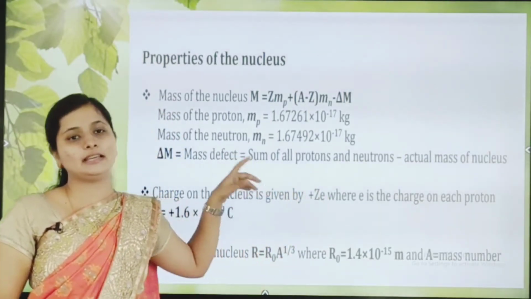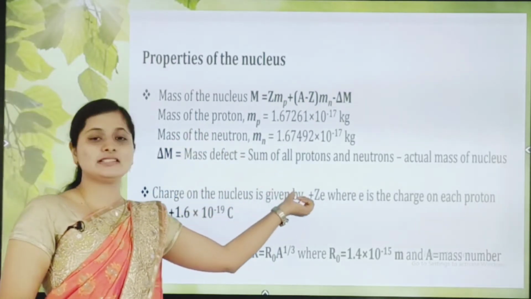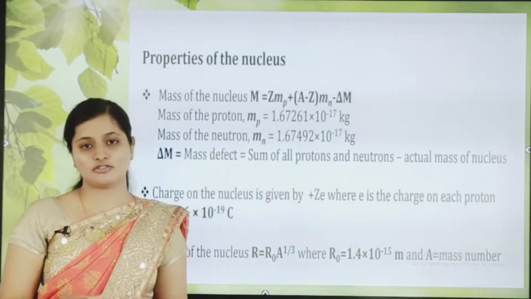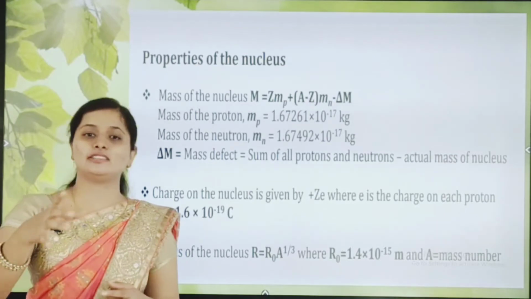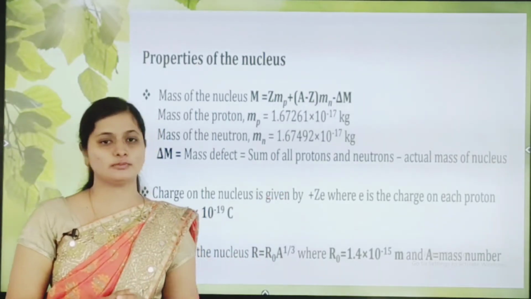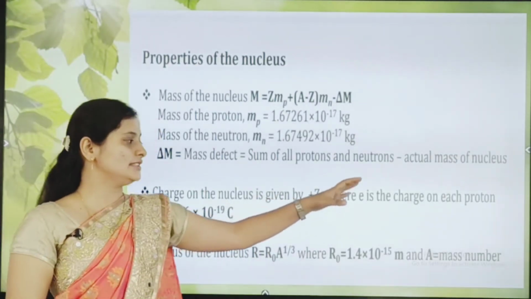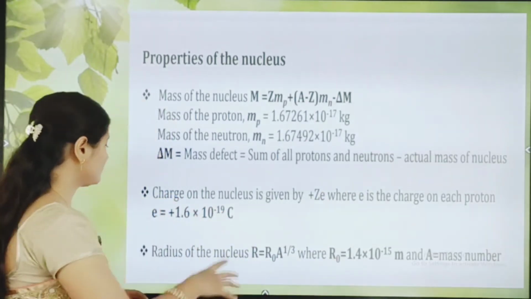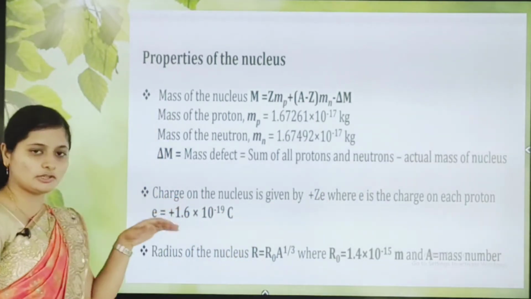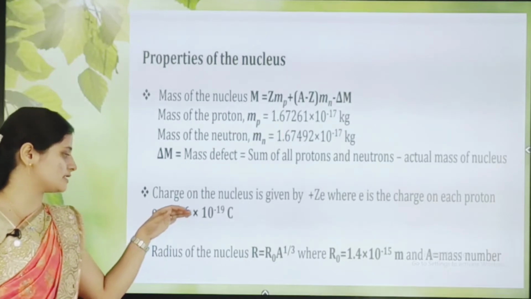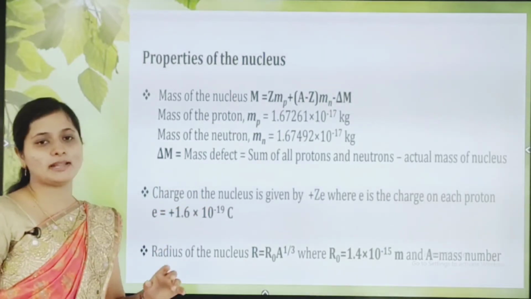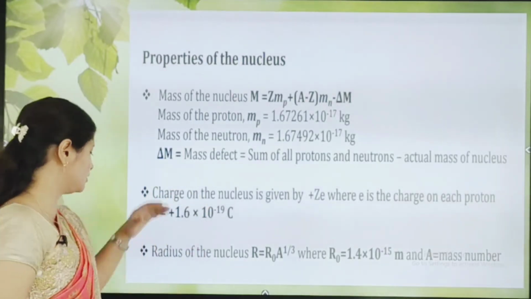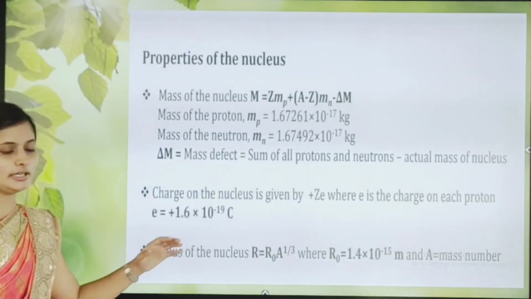We are not taking minus Ze, because the charge of the proton is positive. So e is the charge of each proton, 1.6 into 10 raised to minus 19 coulomb.